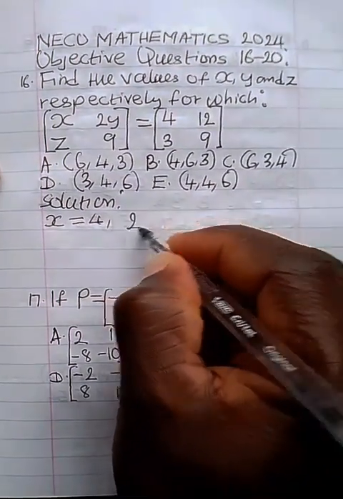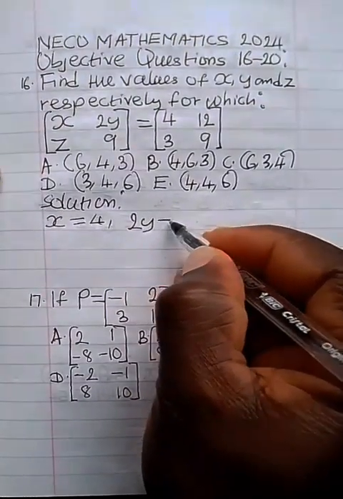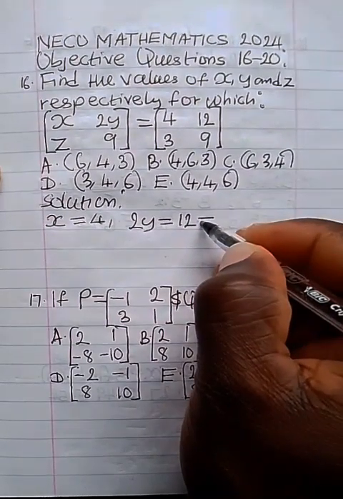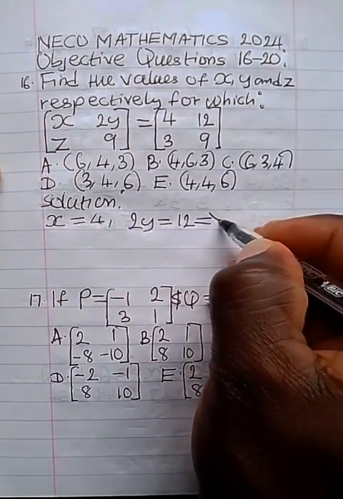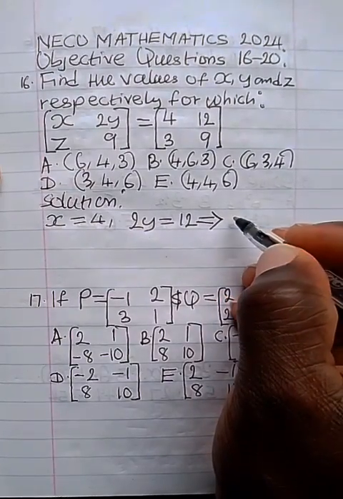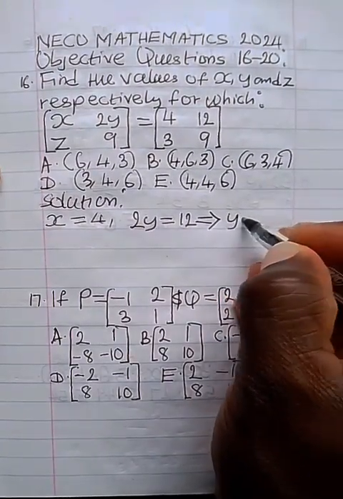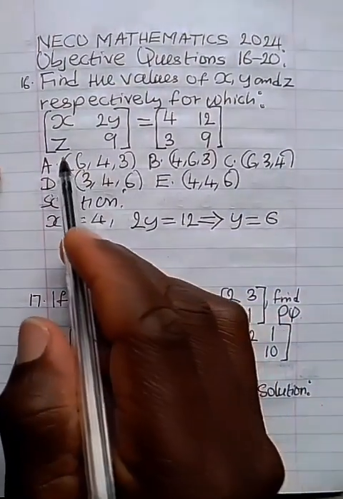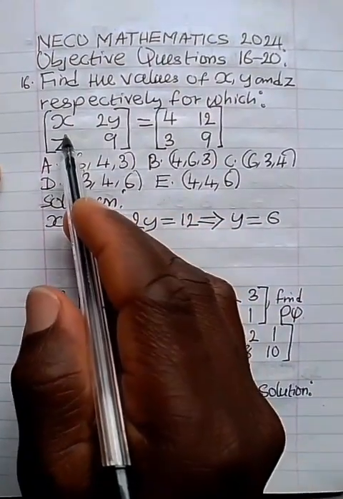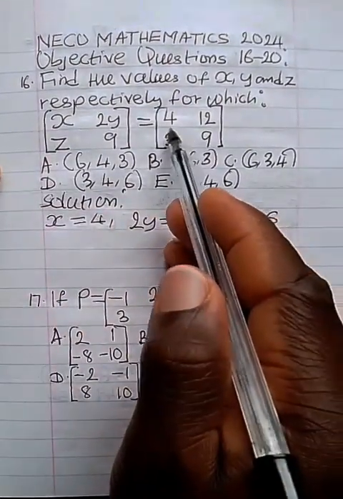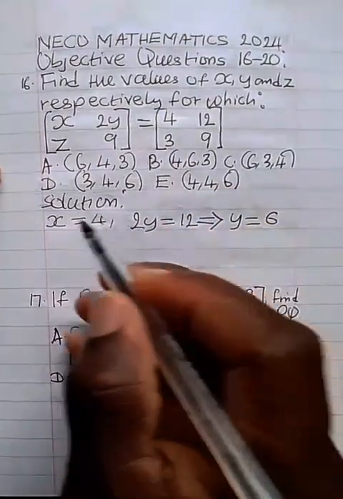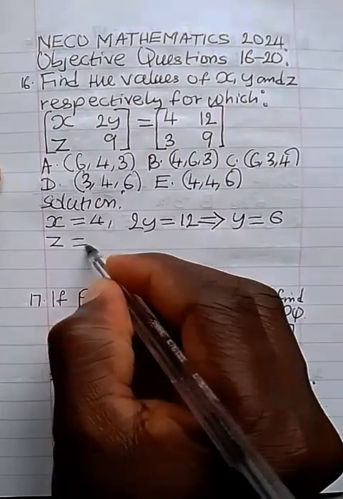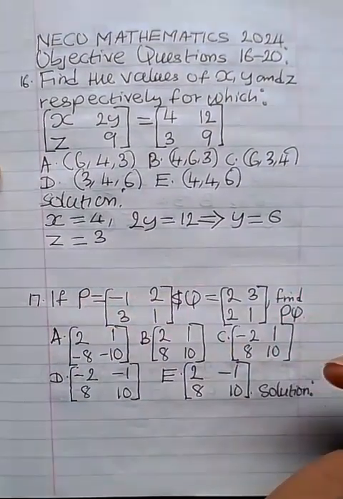That is, 2y is equal to 12. Divide both sides by 2. This implies that y is equal to 6. Then in the second row, the first entry is equal to the first entry. That is, Z is equal to 3.